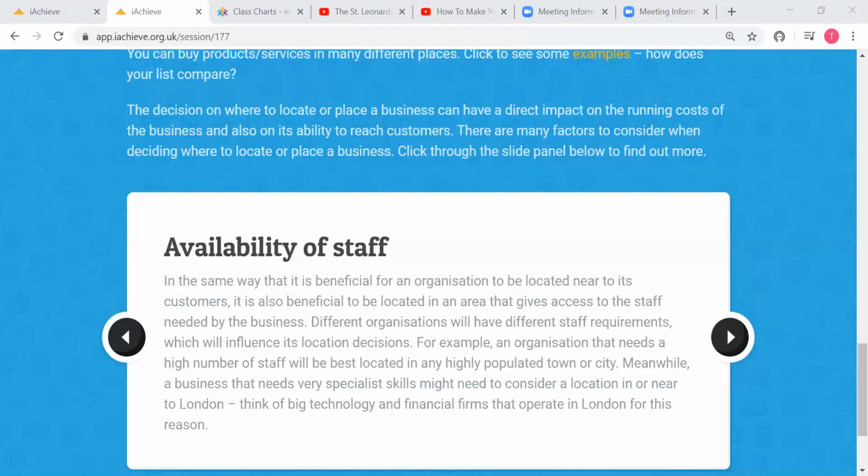The first example that is mentioned is coffee production that takes place in Colombia. What is the most important factor in where this business is located? Is it customer location? Is it location of raw materials? Is it transport and infrastructure links? Or is it the availability of staff?